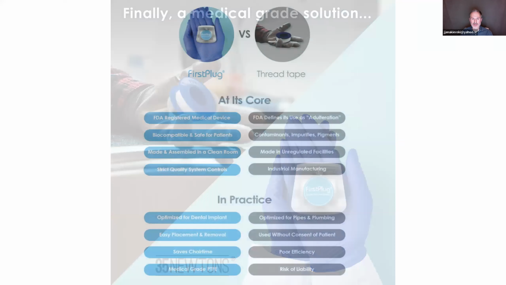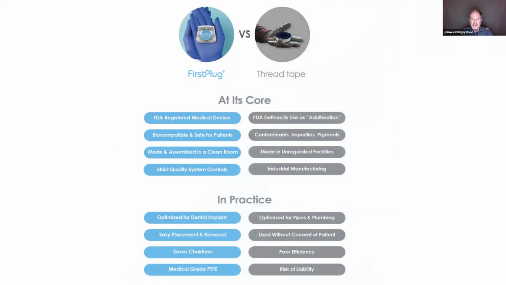The things that I want to highlight to you that we may not understand are, of course, the things that I mentioned already, but also understanding how the FDA views the use of industrial products in a medical application. First Plug is registered, the company's registered with the FDA.